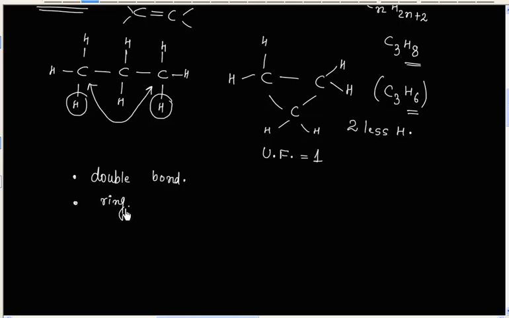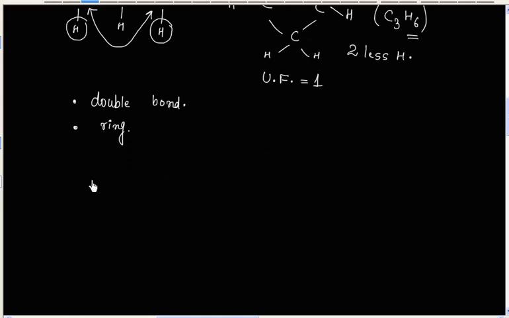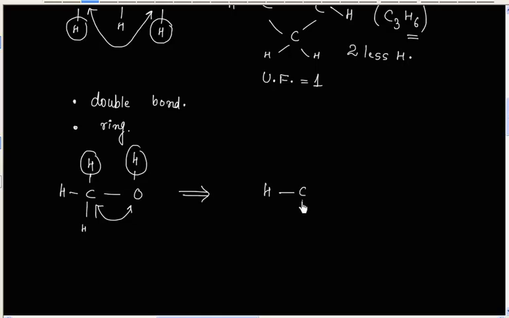Now not necessarily should this double bond and ring always be between carbon and carbon. It can be between carbon and oxygen. For example, if I have this molecule, I can remove this hydrogen and this hydrogen, and we can make a double bond between carbon and oxygen. So in this case again we have unsaturation factor 1 because we have a double bond.